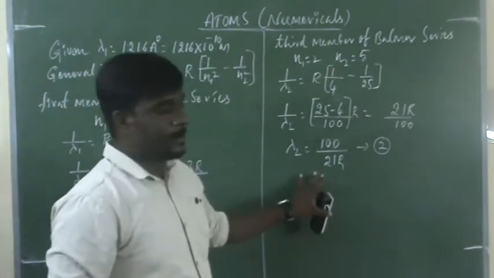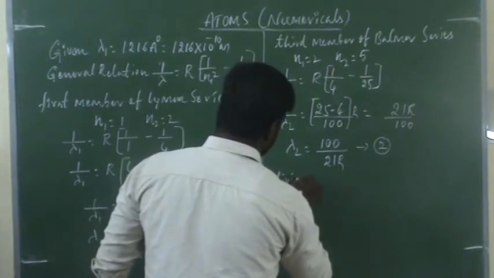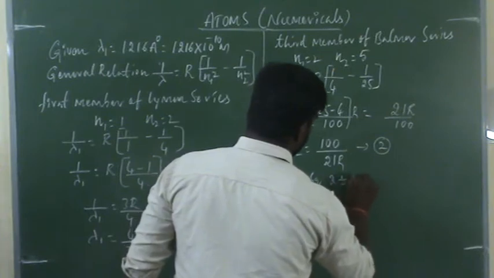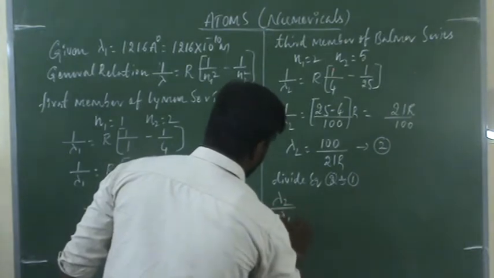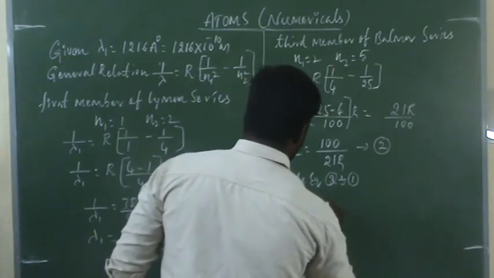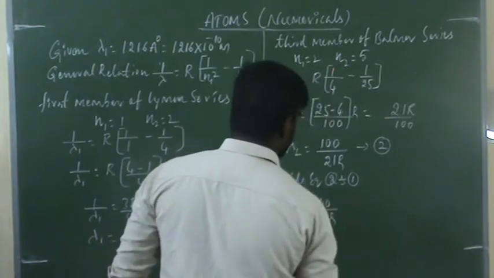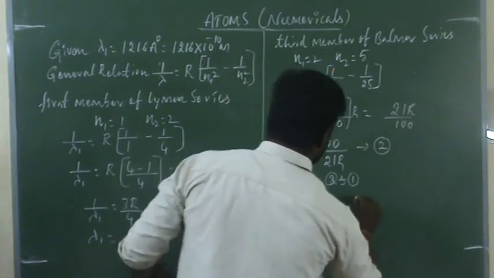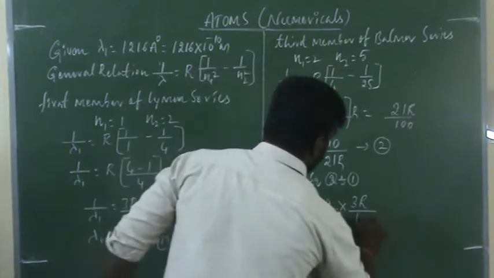Next, divide equation 2 by equation 1. So lambda 2 by lambda 1 is equal to 100 divided by 21R into 3R divided by 4.